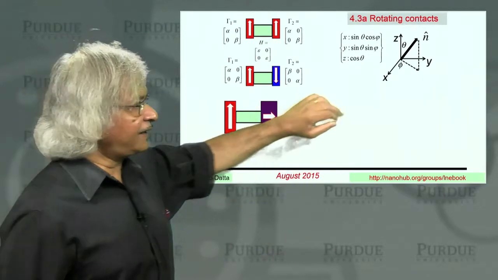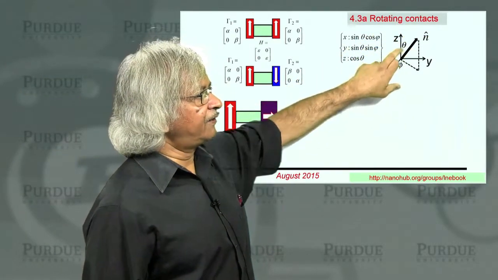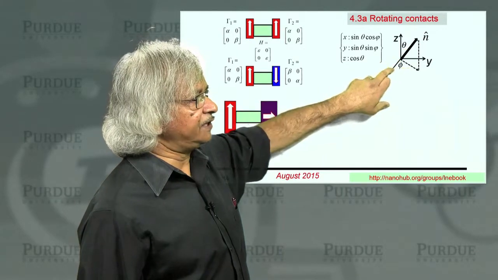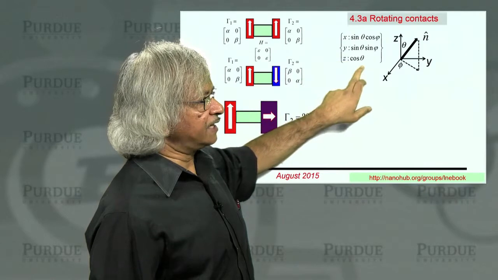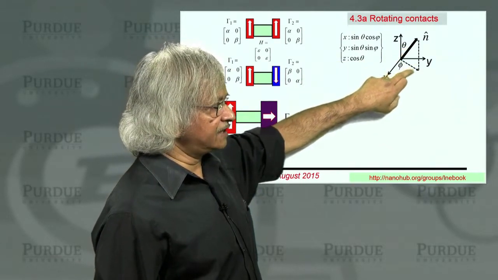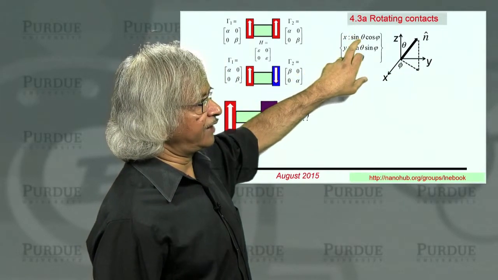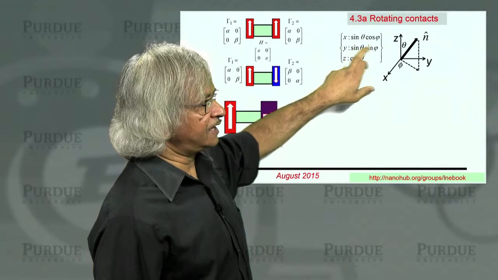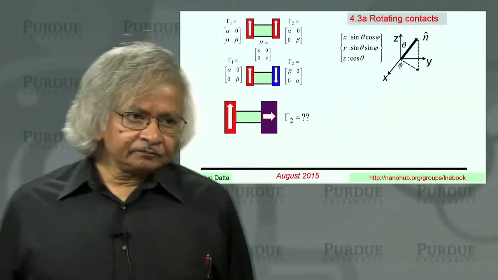So with a vector, when you think of something pointing in some direction n, defined by the angles theta and phi, you can write its x, y, and z components as: cosine theta is the z component, sine theta is the xy component, and then you could resolve it again and write sine theta cosine phi, sine theta sine phi. That you learn in vector algebra.